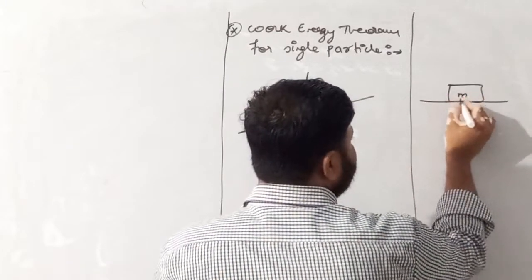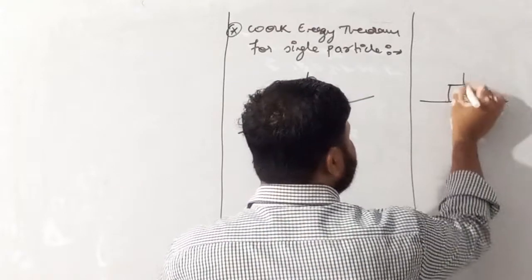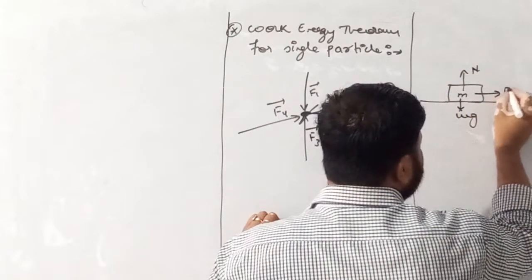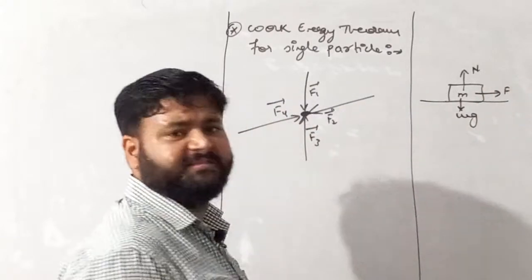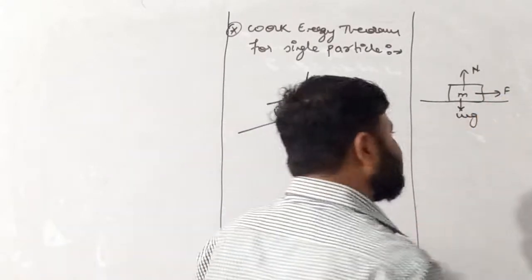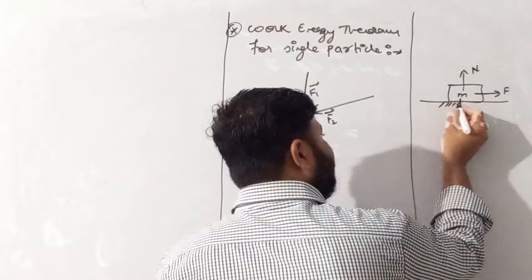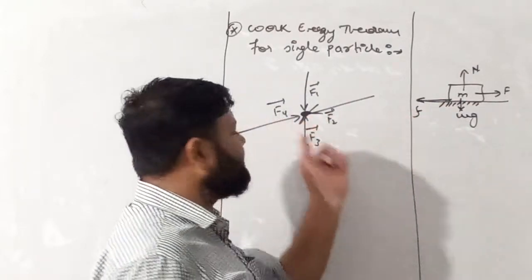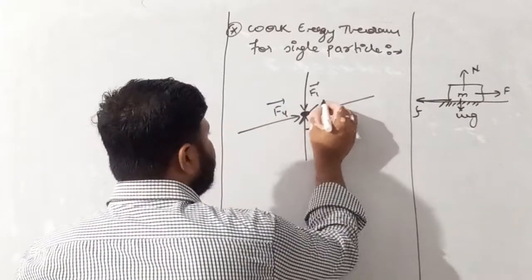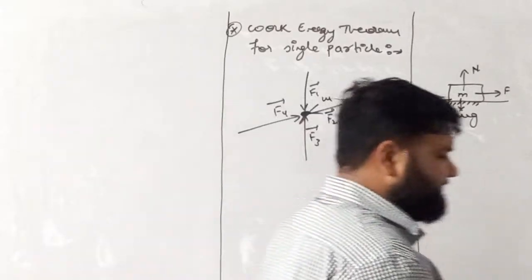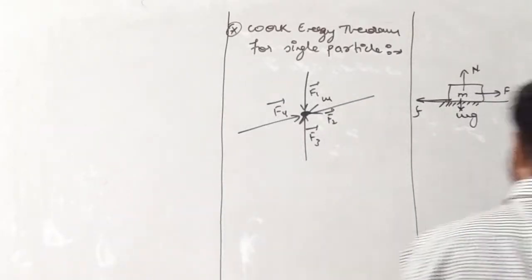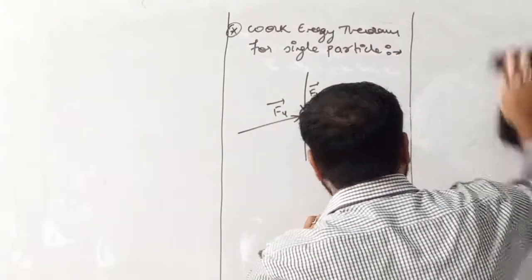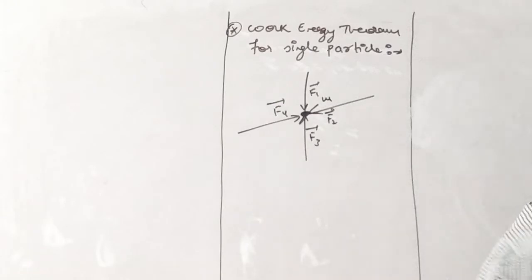On this particle, if the mass is m, then one force is mg, and another force is the normal reaction force. Let's suppose we are applying some force on this particle, so an applied force is there. Let's suppose the surface is rough, then friction is also activated. So my dear student, let's suppose we have a particle of mass m, and lots of forces are acting on it. So in total I'll consider 4 forces acting on this particle.